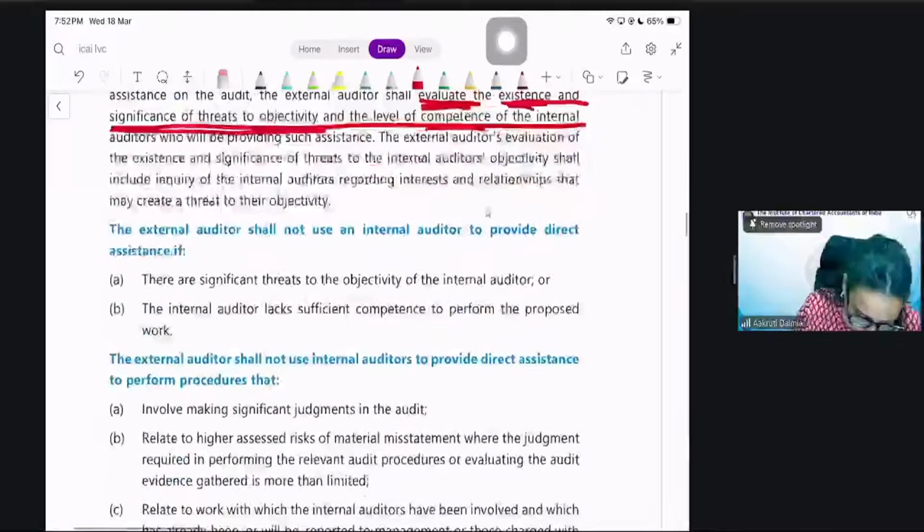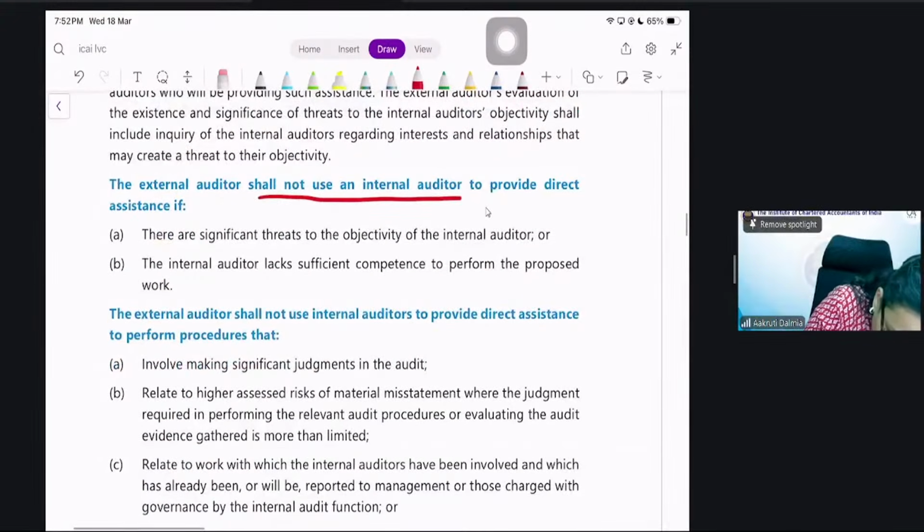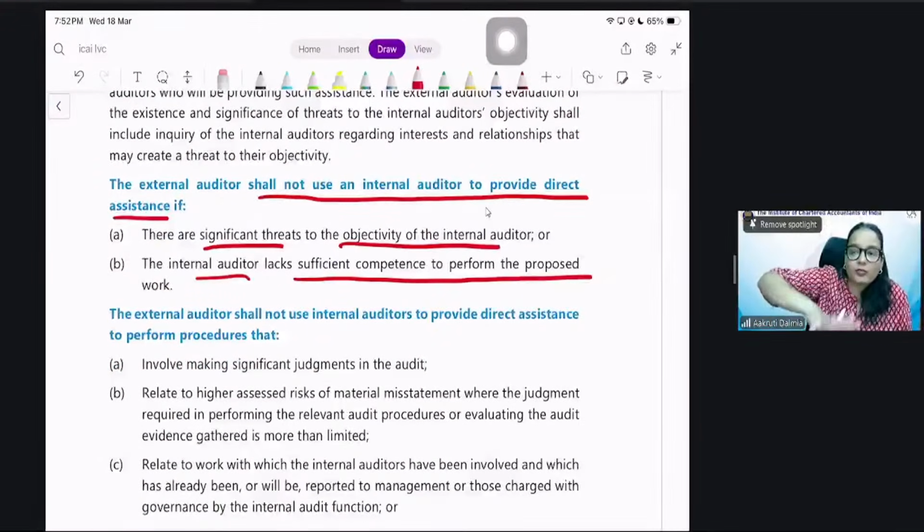Okay? So when can you not use direct assistance? Rest, if you have a good understanding of the SA, you can write any answer. The specific answer is objectivity, competence, and systematic approach.